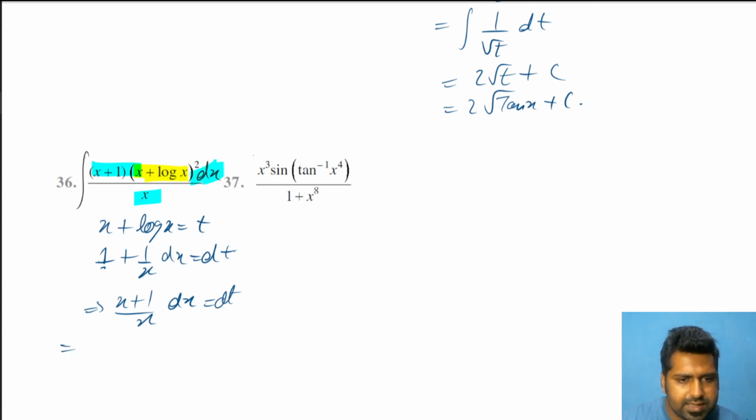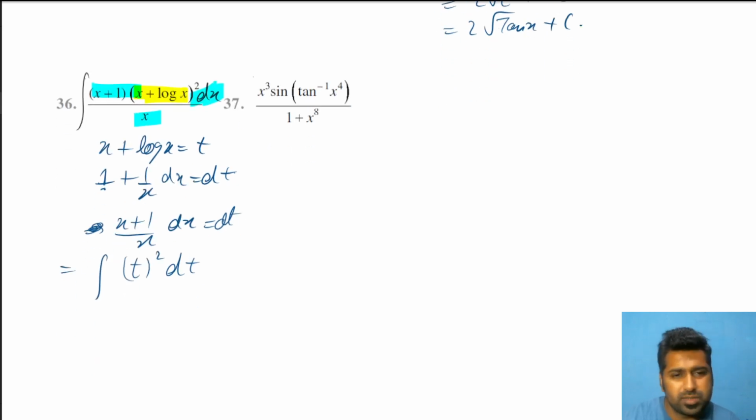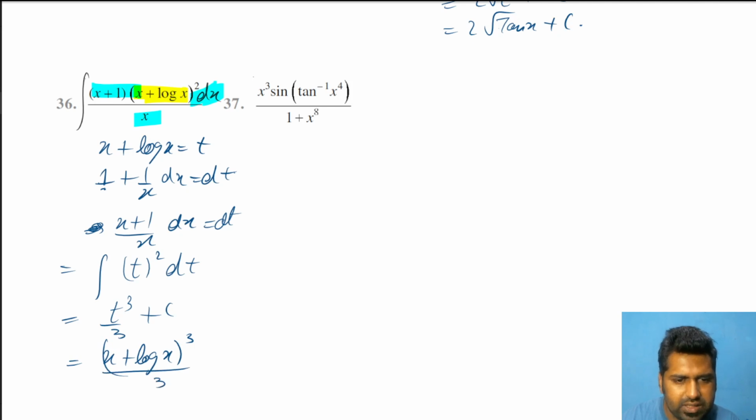So the whole question is actually nothing but integration of t square dt. Just one substitution, it makes the question like a piece of cake. T cubed by 3 plus c, t is x plus log x, so the answer is x plus log x whole cube by 3 plus c.